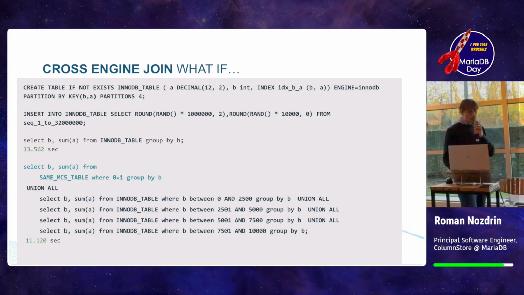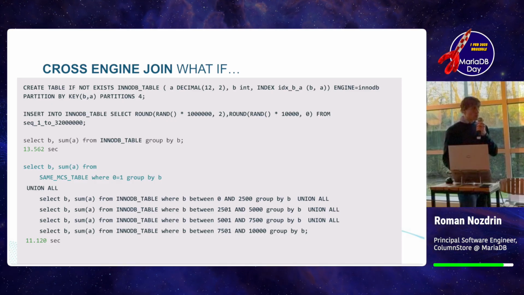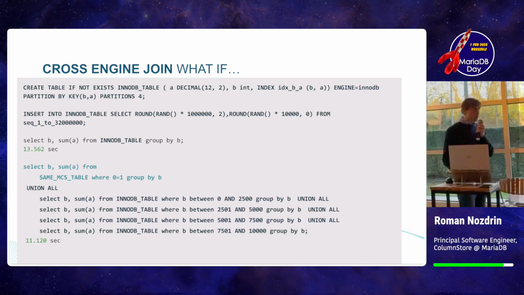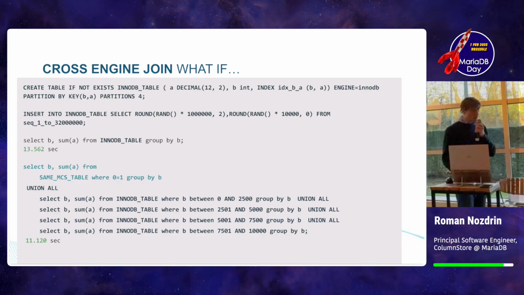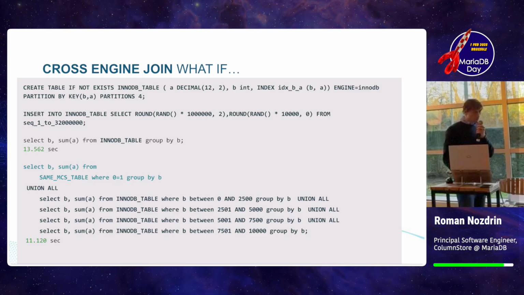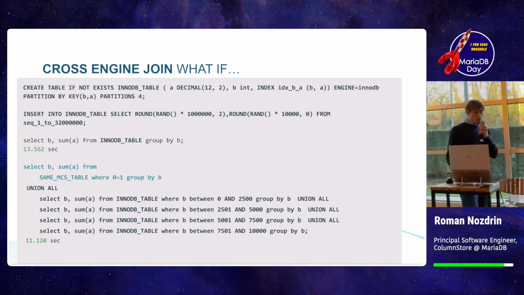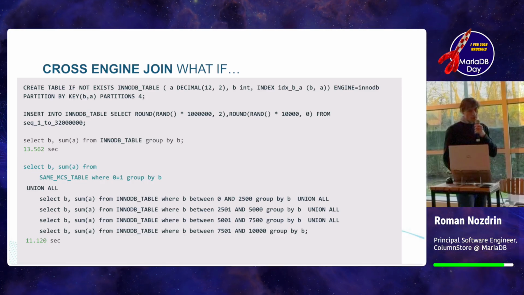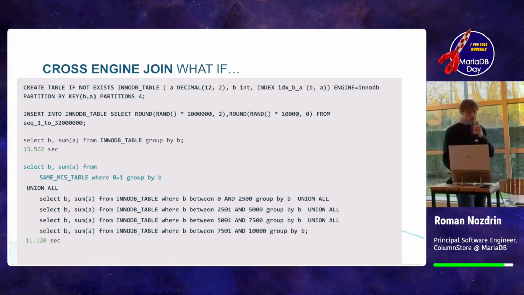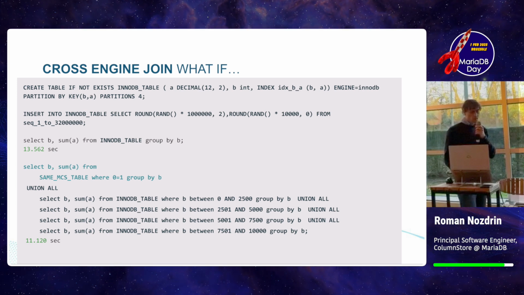What if with this feature we actually don't have any Columnstore table at all? What if all of the data belongs to MariaDB? Here's an example of how this can be implemented with the existing Columnstore and MariaDB. That should be 10.6.20.